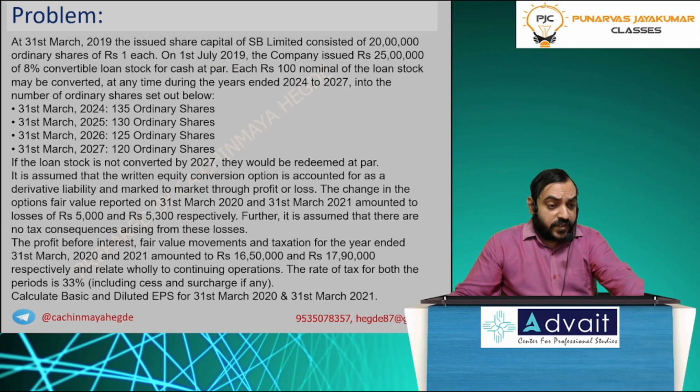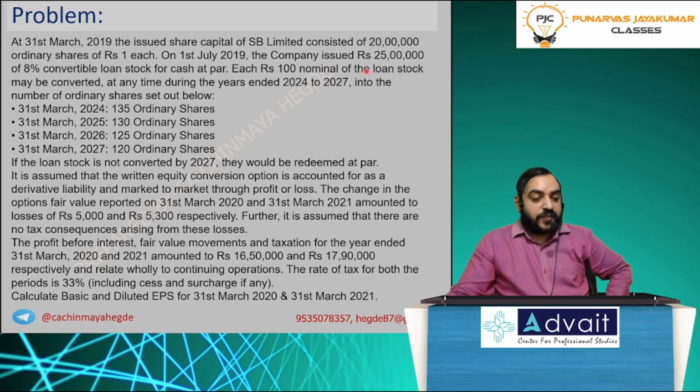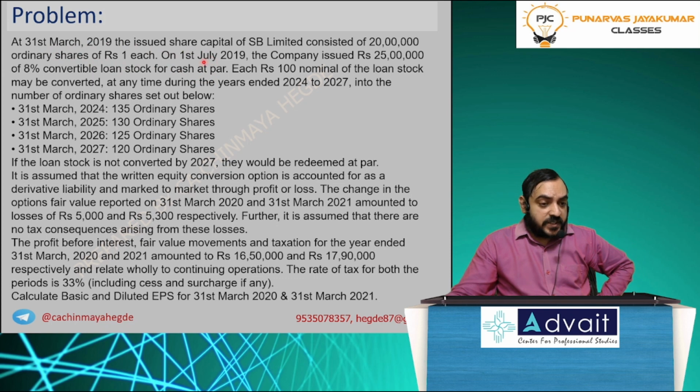On July 1st, 2019, the company issued 25 lakh 8% convertible loan for cash at par. We are on 31st of March 19, so next year, in the year 19-20, after 3 months, they have issued convertible loans.